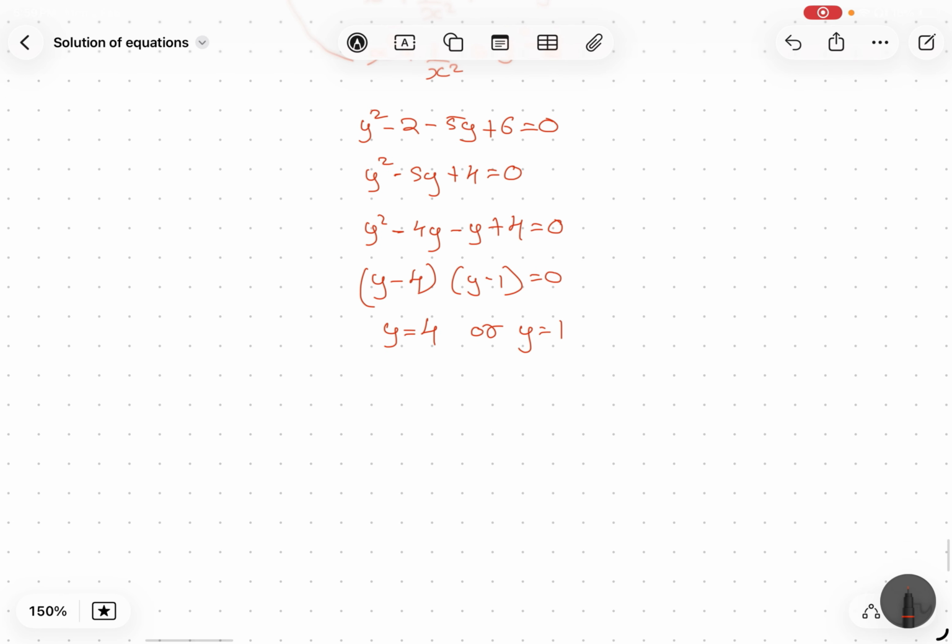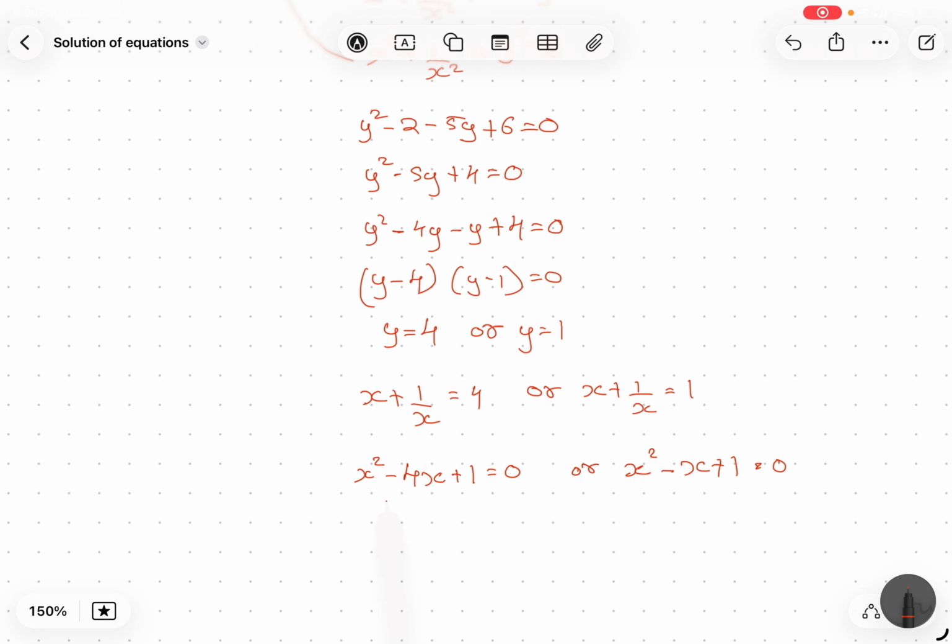But what is my y? My y is x plus 1 by x equals to 4 or x plus 1 by x to be 1. If I solve the whole equation, it becomes x squared minus 4x plus 1 equals to 0 or x squared minus x plus 1 equals to 0.